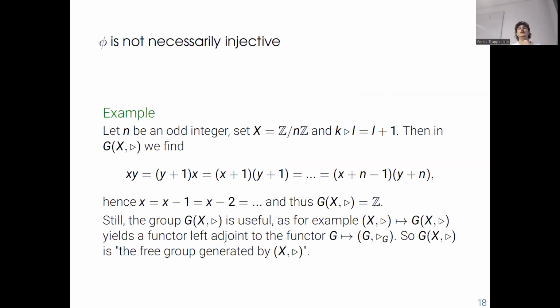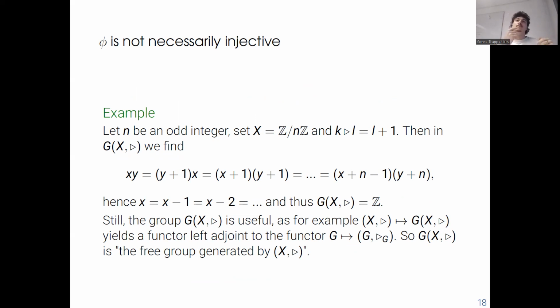For example, the easiest example I could think of was taking n to be an integer, letting X be the set Z modulo n, and K triangle L will be defined as L plus 1. So whatever element we have acting on the left side, we just add 1.